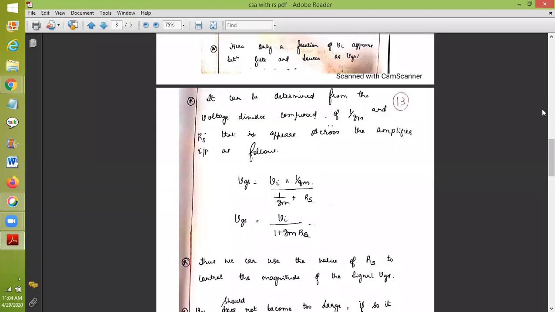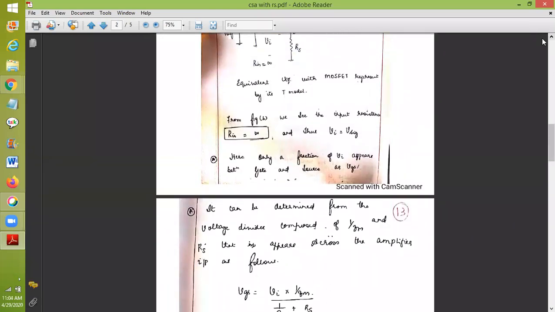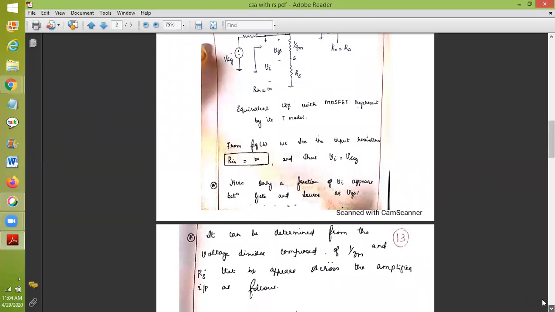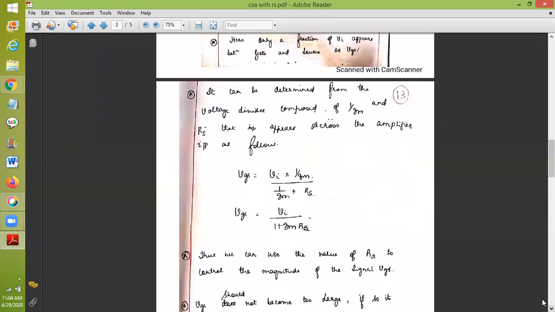So what is 1 by Gm? It is the resistance where the voltage is VGS. So by applying the voltage divider rule, VGS is Vi into 1 by Gm divided by 1 by Gm plus Rs.